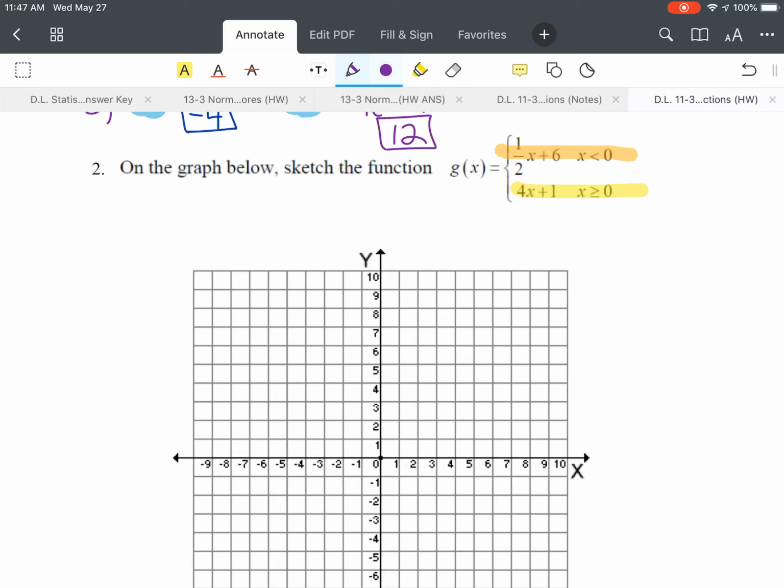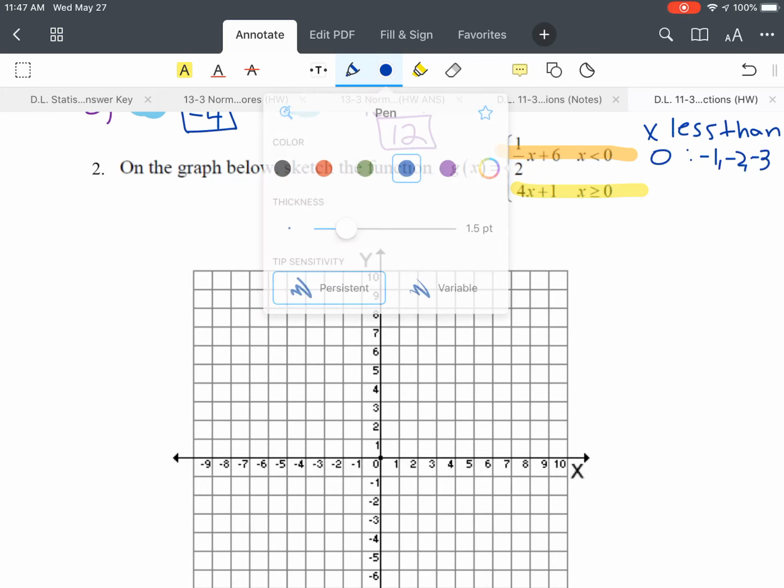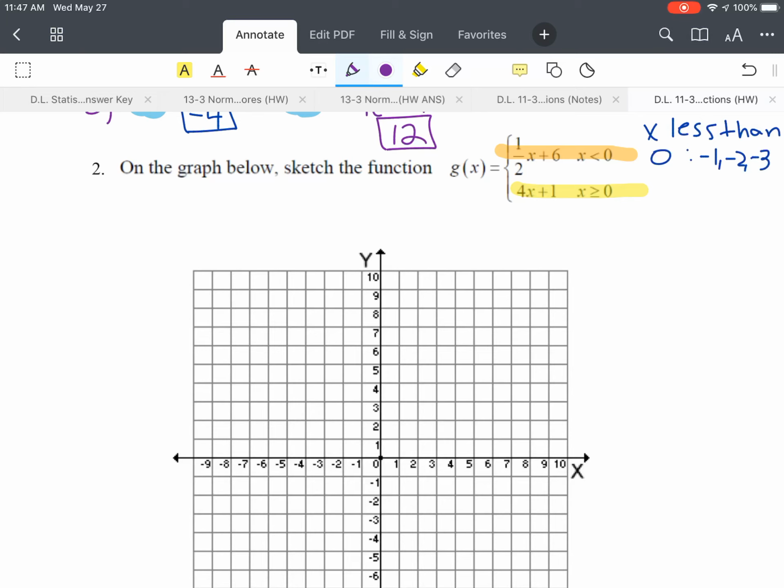And now let's look at our x values. So the 1/2 x plus 6 is when x is less than 0, okay? So less than 0 is going to be -1, -2, -3, and so on. The one that's 4x plus 1 is when x is greater than or equal to 0.